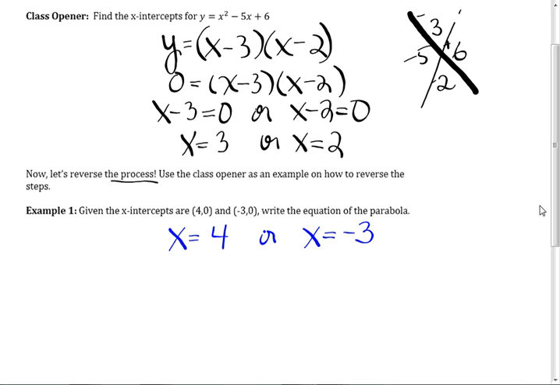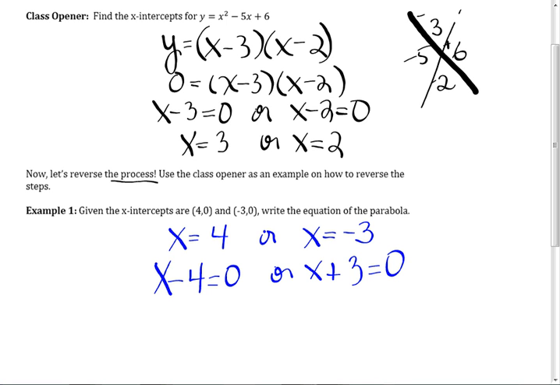So first, it's x minus 4 equals 0, and in this case I'll add 3, or x plus 3 equals 0. I'm just reversing what I did. Before, I solved equations; now I'm trying to create the equation. If one of them is 0 at a time, then multiplying 0 times any number gives 0.